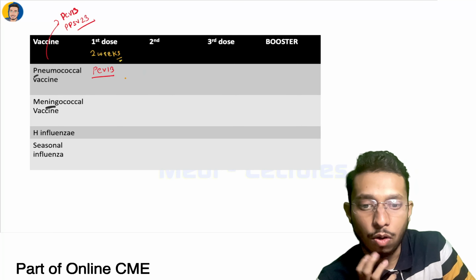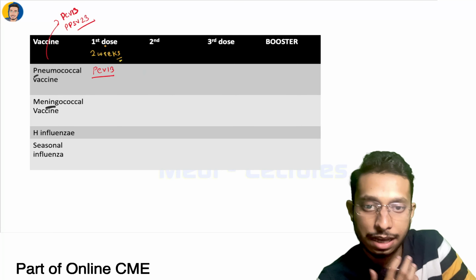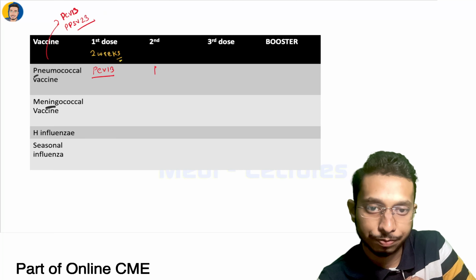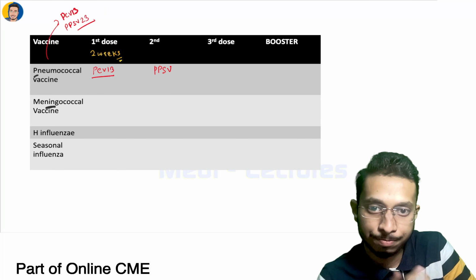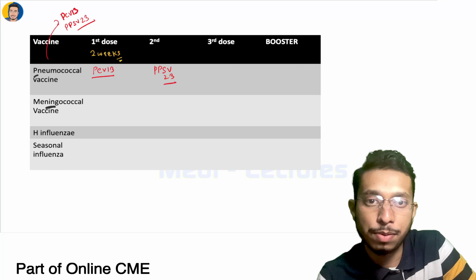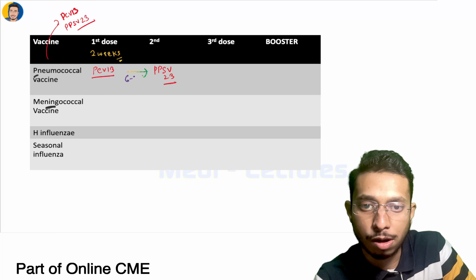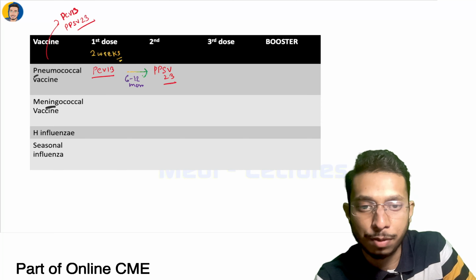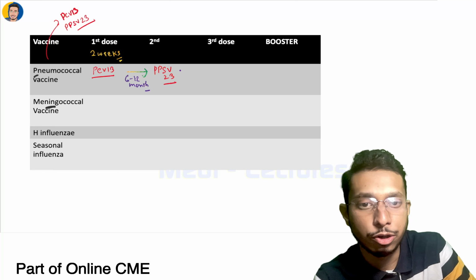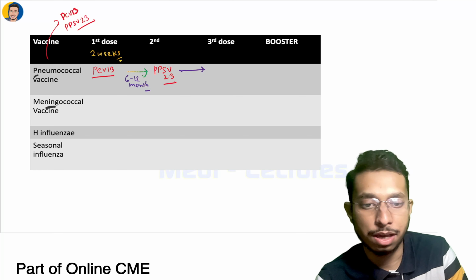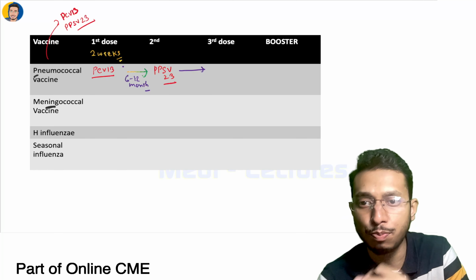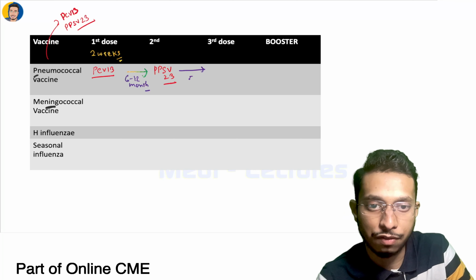The second dose of pneumococcal vaccine is PPSV23, and this PPSV23 is given usually after a gap of 6 to 12 months from the PCV13, following which we need to give the third dose of PPSV23, and the gap between two PPSV vaccines should be a minimum of 5 years.